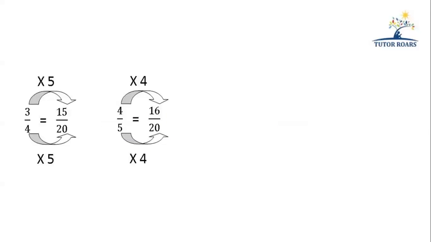That's why whatever number they get is equivalent to them. When you simplify 15 by 20, you will again get 3/4. Here is one more example: 4/5 is equivalent to 16 upon 20. It's again simple. We multiply by 4 in the numerator and by 4 in the denominator as well.